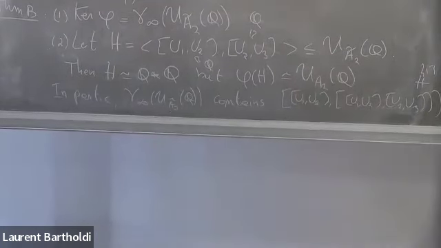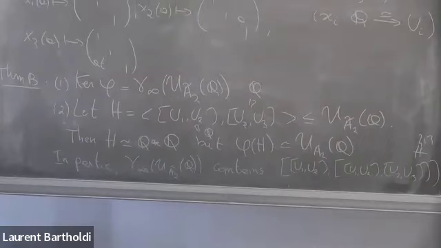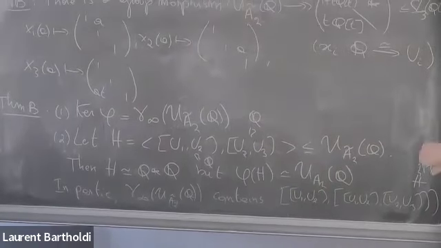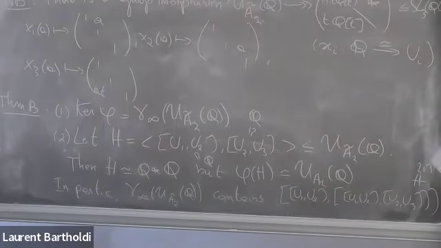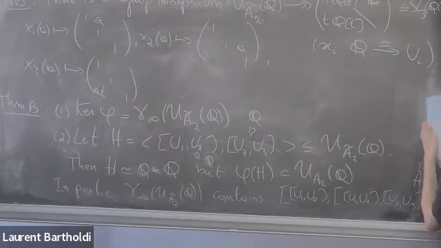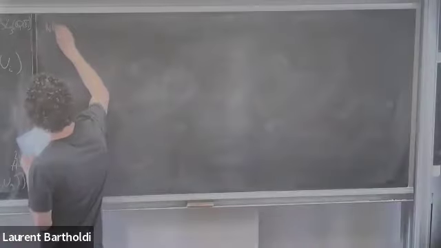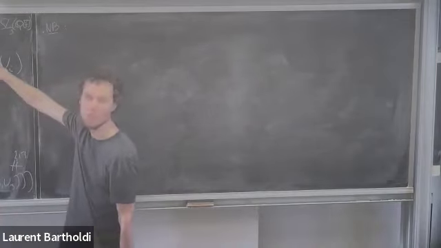And now I want to state, before telling you about the proof, the more general version of this. Well, maybe I could make one remark: one inclusion here is obvious, namely that gamma infinity of this amalgam is contained in the kernel, and this is simply because this is known to be residually nilpotent.